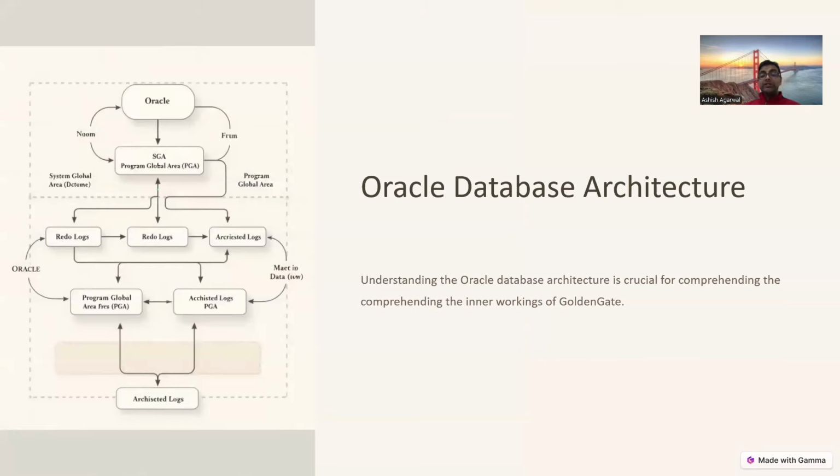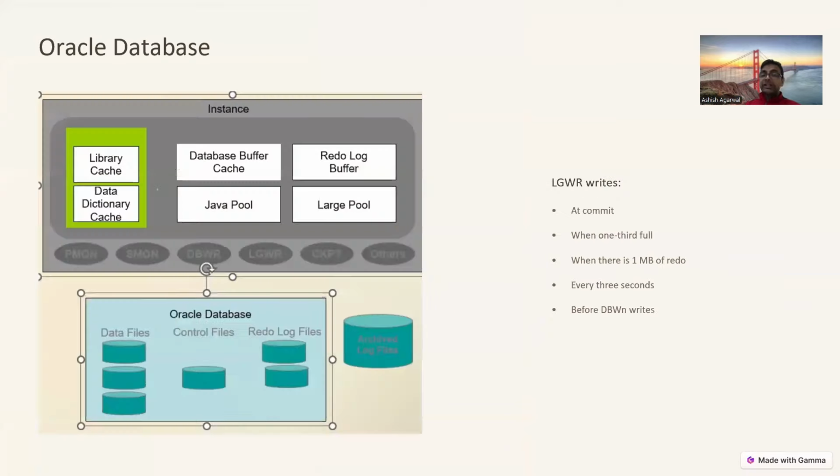Okay. So first of all, let us start with Oracle database architecture. I'll give you a brief overview of Oracle database architecture. The reason being, understanding the database architecture is crucial for comprehending the inner workings of Oracle GoldenGate. See, GoldenGate is a product which works with the database, right? It requires the database.